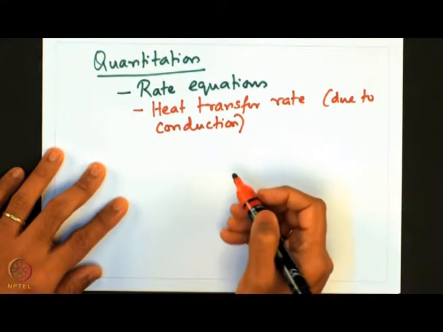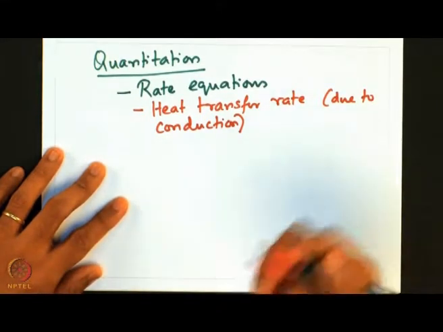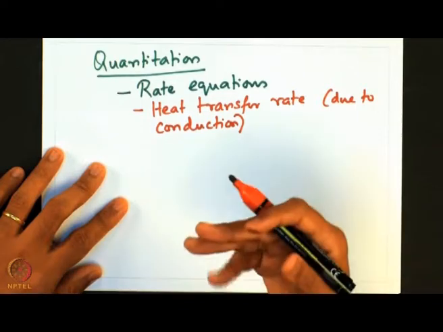Suppose I want to estimate a heat transfer rate for a particular system, then we need certain governing laws that connect the rates with the corresponding driving force and other properties.